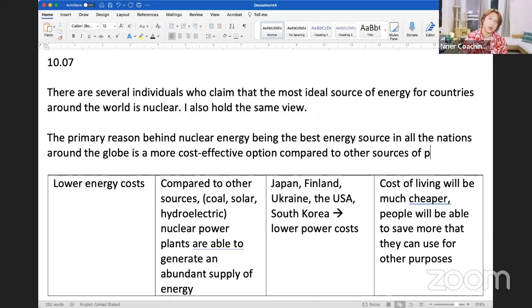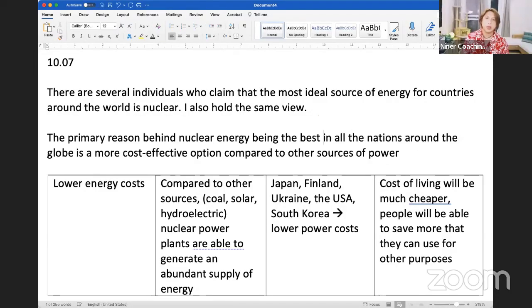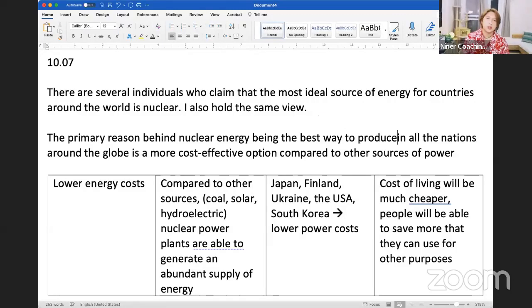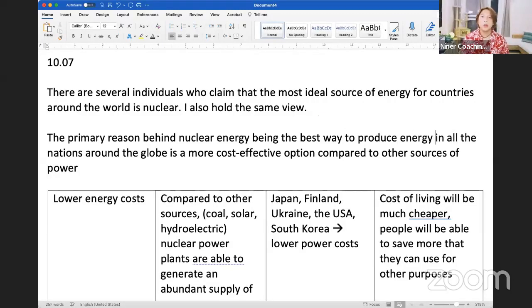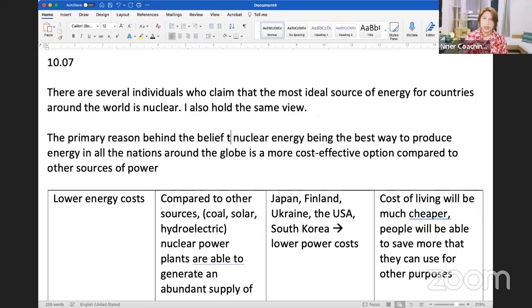Let's rephrase this a little, because the phrase energy source here is the best way to produce energy. The primary reason behind the belief that nuclear energy is the best way to produce energy, or investing in nuclear power plants.